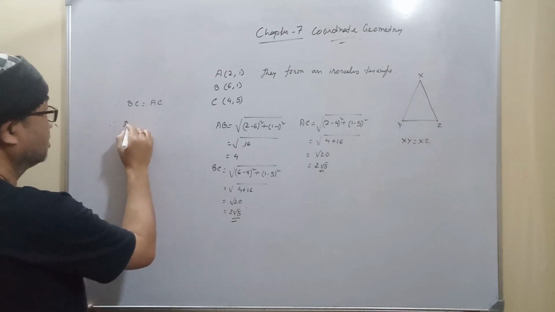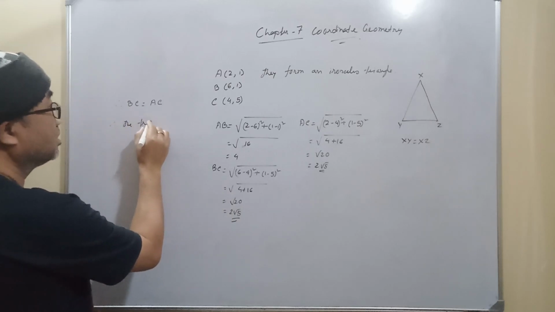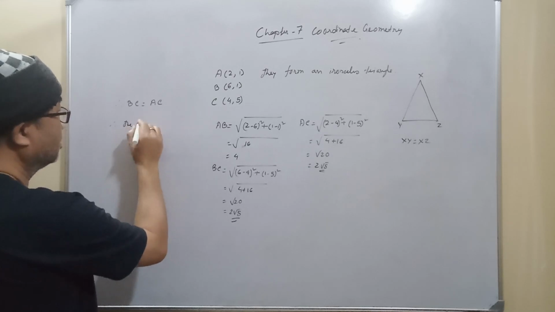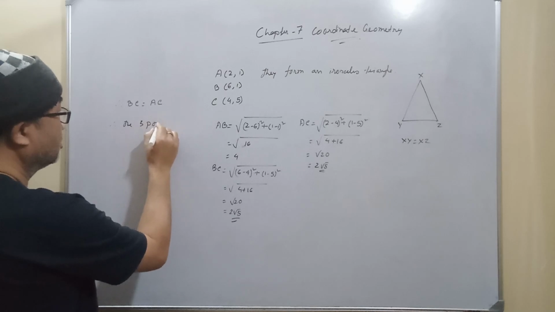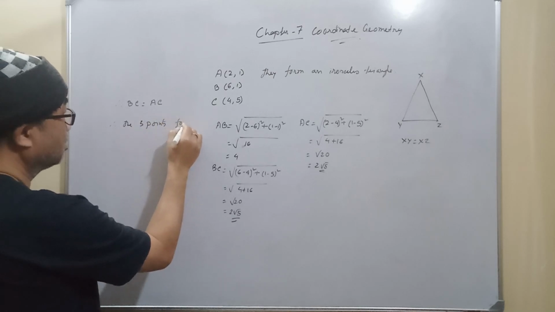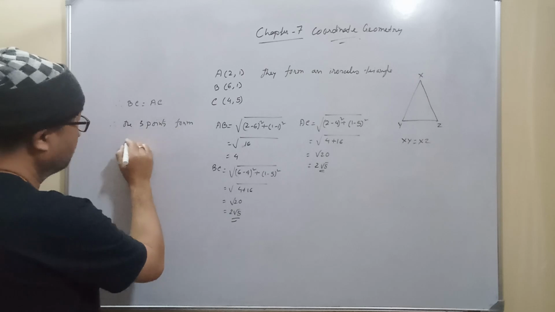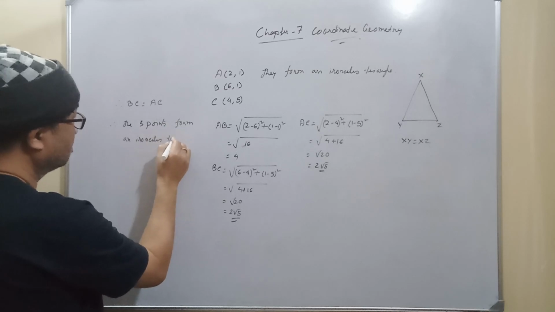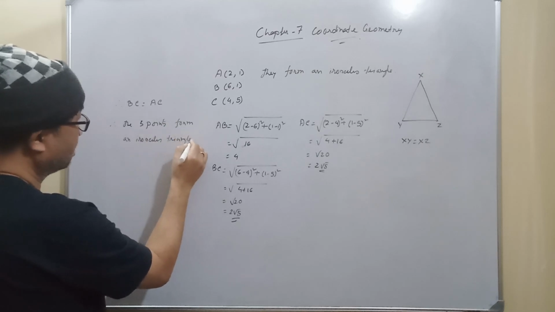Hence, the three points form an isosceles triangle.